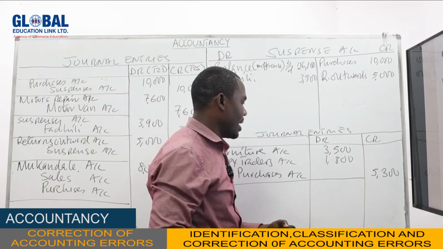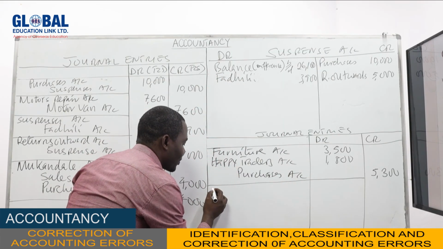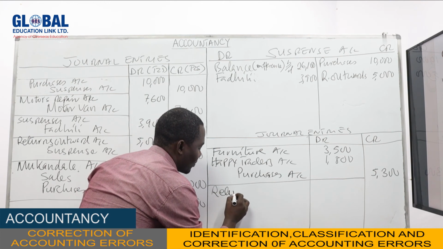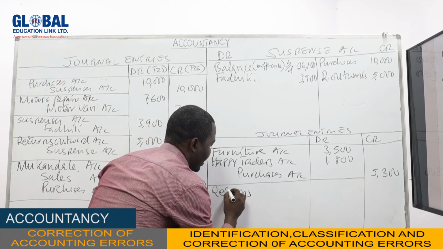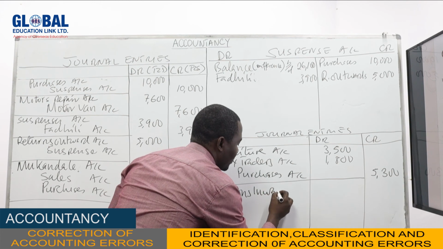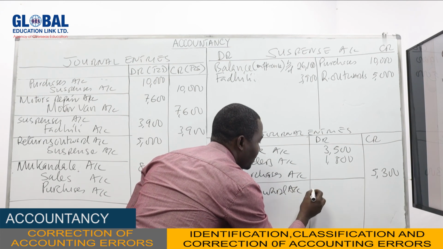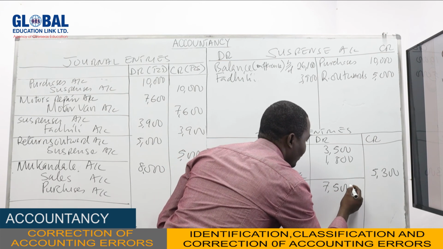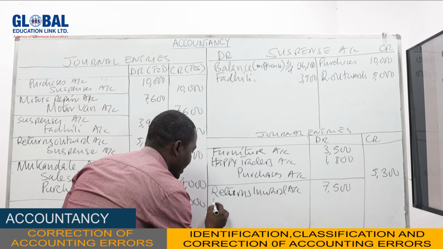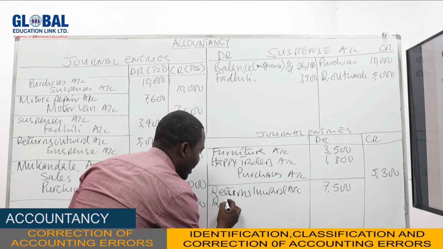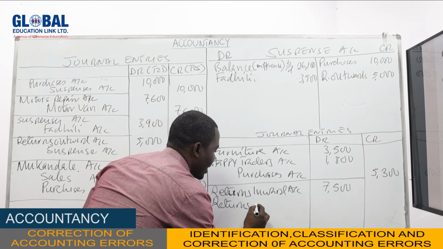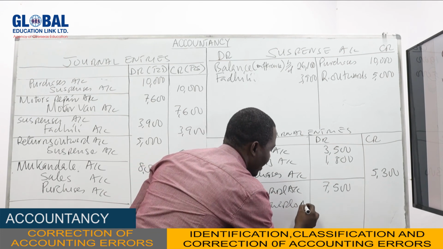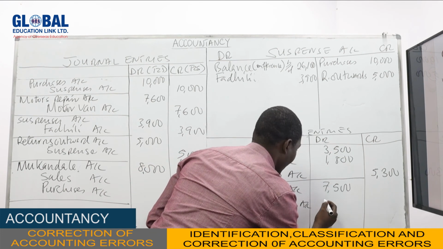So what we do is recognize the return inward and the return outward by debiting returns inward account 7,500, and debiting again returns outwards account by the same.